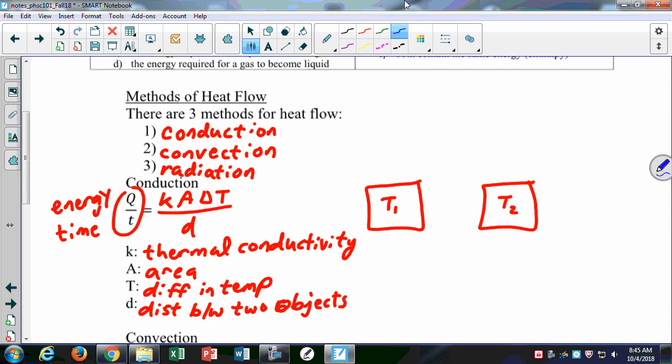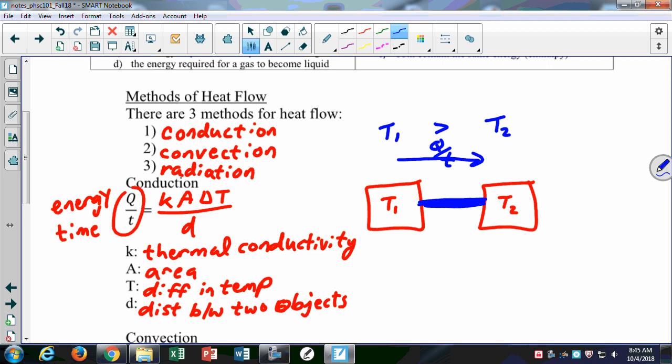And they're connected by some material, a bar, say. Q over t, let's say that T1 is bigger than T2. So T1 is the hot object. That means that I'm going to have a rate of energy transfer, Q over t, going from T1 to T2. The heat is going to move from here to here.